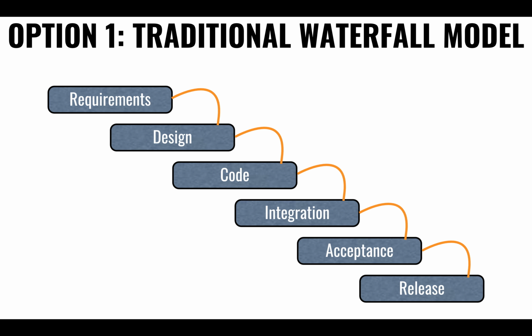So how is it that we can integrate the design phase of user interfaces into our overall process? So we've taken a look at some of the different software engineering methodologies. Certainly, there's the traditional waterfall.